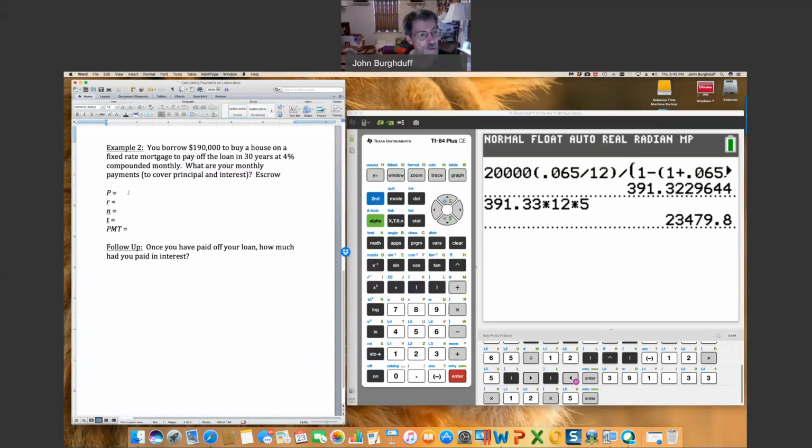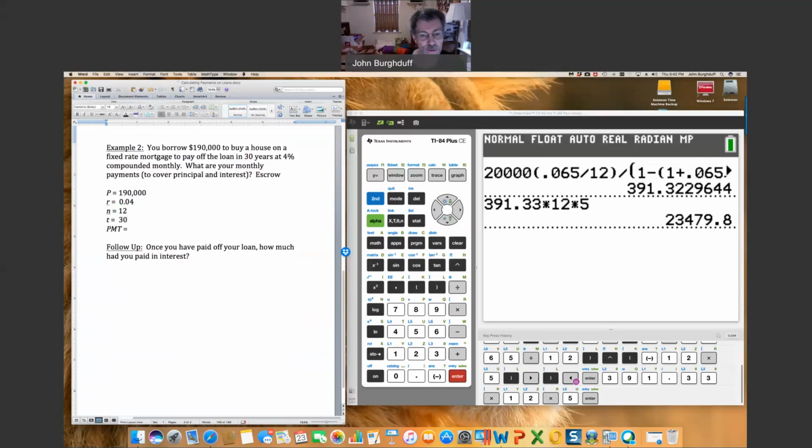We take $190,000 for my payment. We take an interest rate of 0.04. For a mortgage, the number of compounding periods, that's usually 12. And the time is often quite long. That would be, in this case, 30 years.